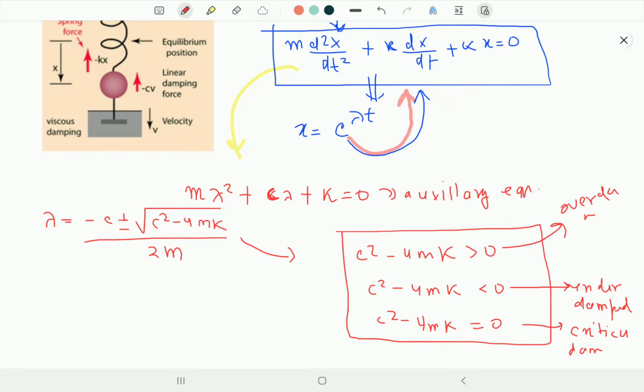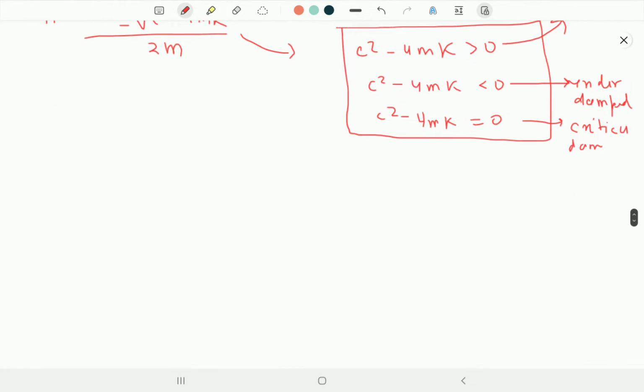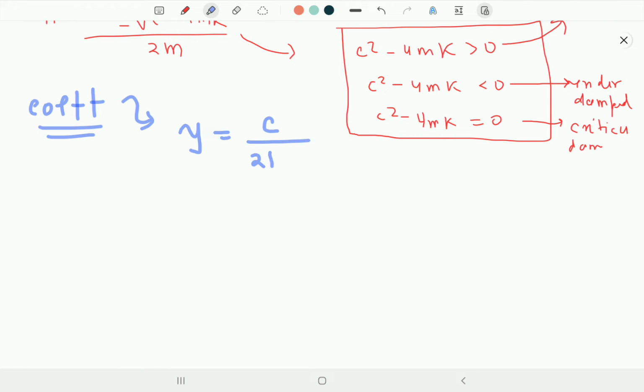Okay, now we should talk about another important thing, which is called the coefficient of damping. The coefficient of damping could be written as gamma, which is c by 2m.